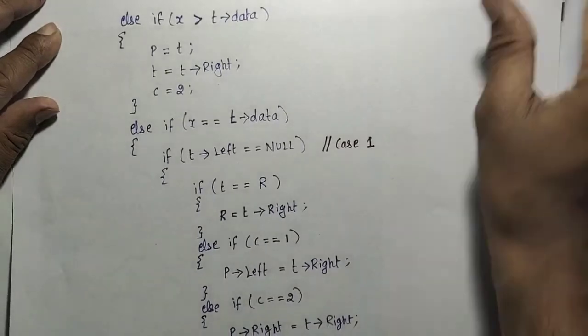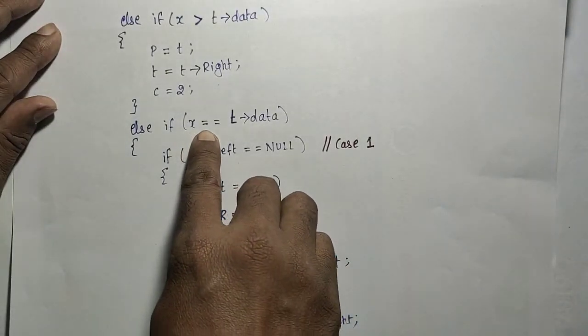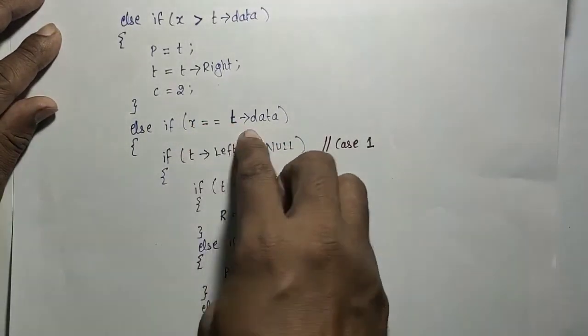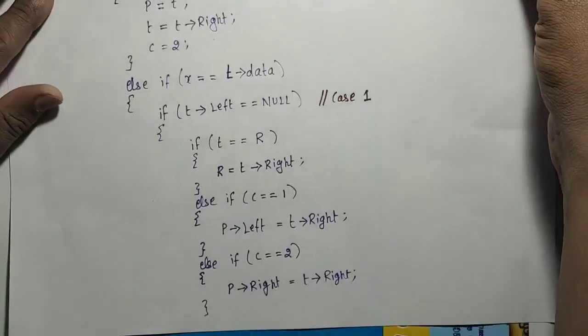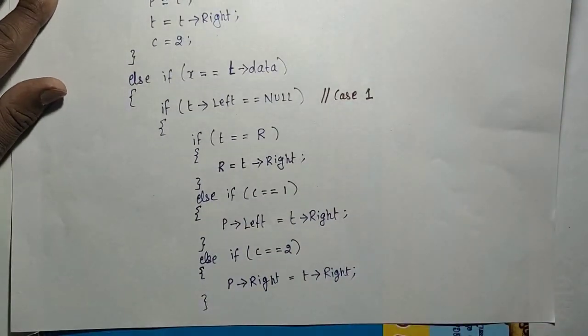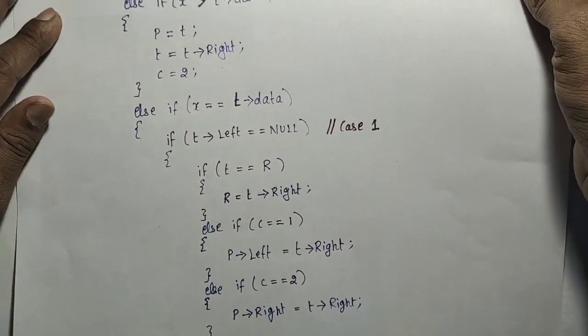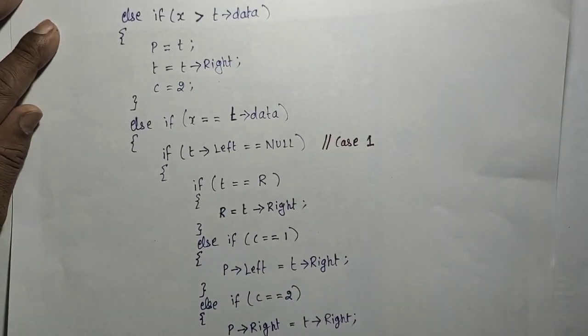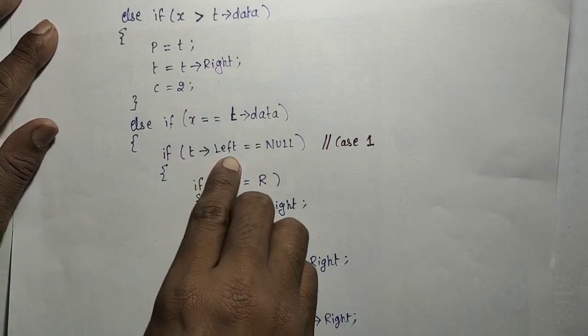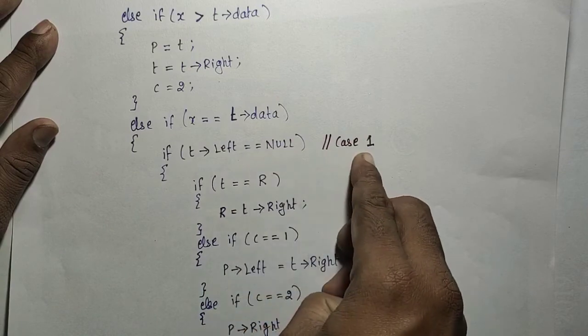Otherwise. Okay, otherwise means what? X is present in the T. Okay, X equal to what? T of data. In that case we have discussed 3 cases. Case 1 is if the T is having only the right child, right subtree, or both are null. That is, T of left equal to what? Null is the case 1.